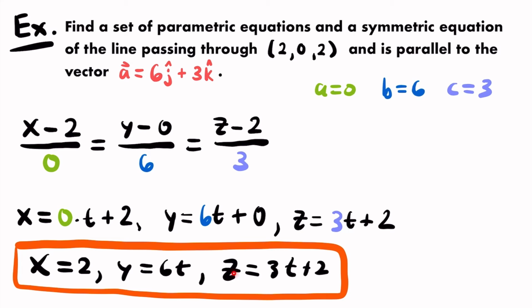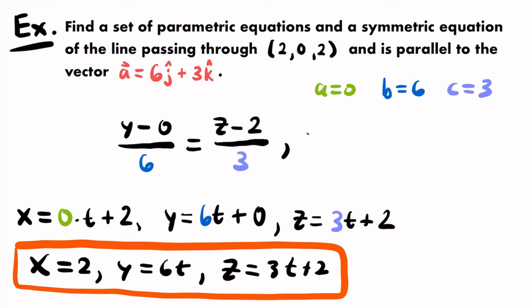And now that we have this, we can use it to help us finish this symmetric equation. We can't really write the symmetric equation in this way because we are dividing by 0. That's a problem. We can't leave it like this. But what we can do is remove that part of the symmetric equation, the problematic part, and just have the part that is good, and then tack on what we found x was equal to from our parametric equations.